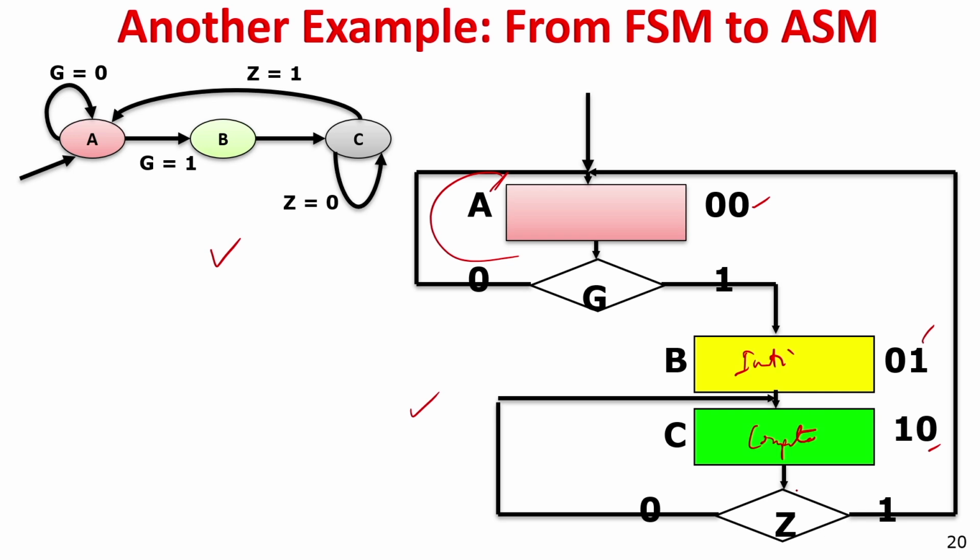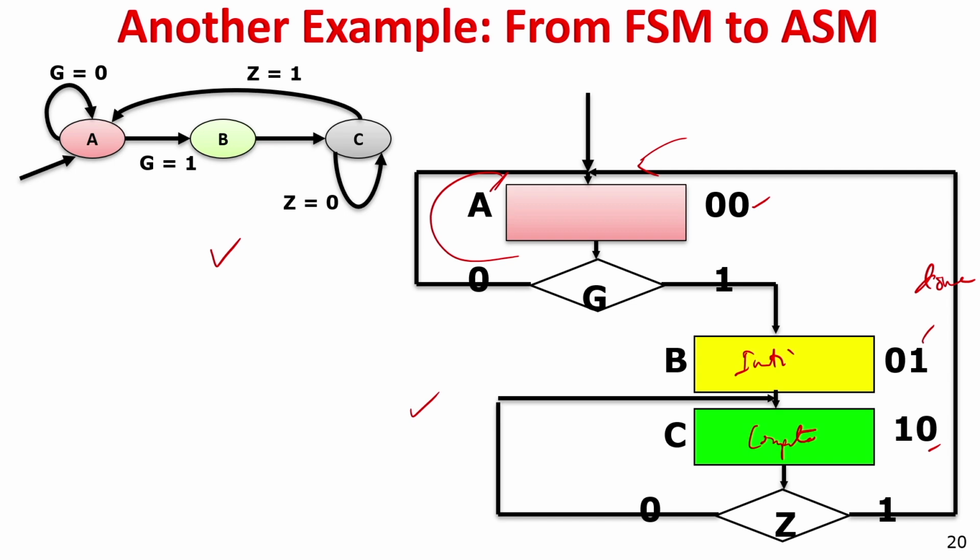In the compute state, every time it decrements the counter, and whenever it reaches 0, it goes to the idle state. This is done. So, this is the very high level ASM.